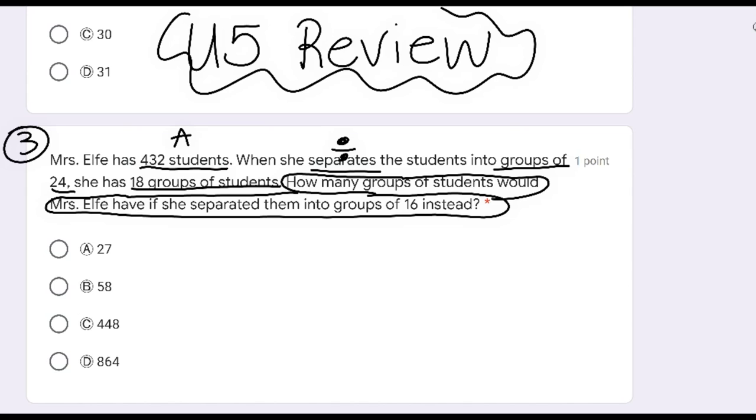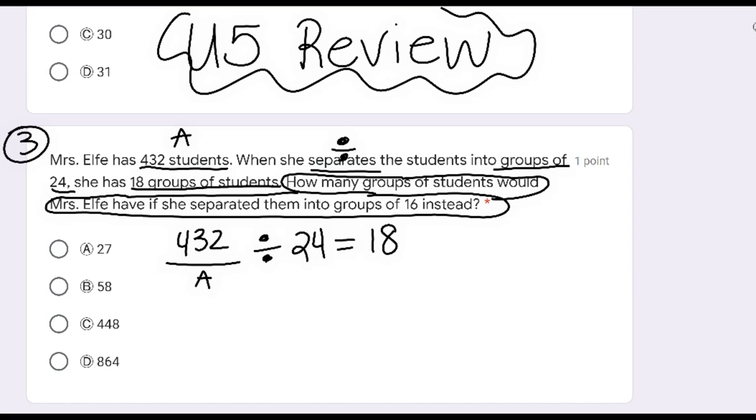So now this A, we already have the A. So we're taking the amount that Mrs. Elf has. She has 432 students, and she separated, that means divide. So let's put our division side. She separated the students into groups of 24. So since she did that, she ended up with 18 groups. Awesome. So everything we have is here.